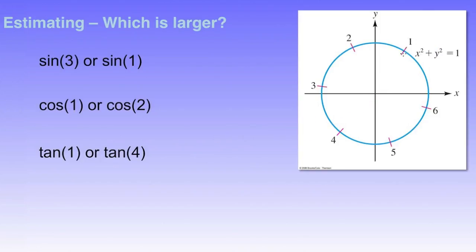If I was to try and figure out which has a larger slope, I'm going to do the old change in y over change in x compared to change in y over change in x. And my guess, as an initial guess, is that this one has a slightly larger y value and therefore a larger slope. So tangent 1 is my guess for which is larger. That's awfully hard to estimate, and in cases like this we would probably use a calculator to figure out which one is larger.